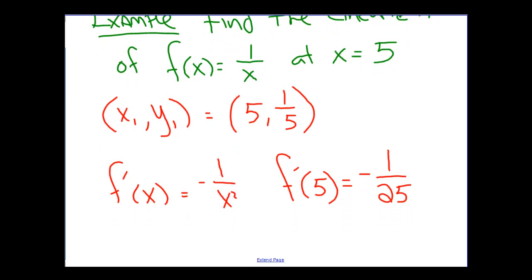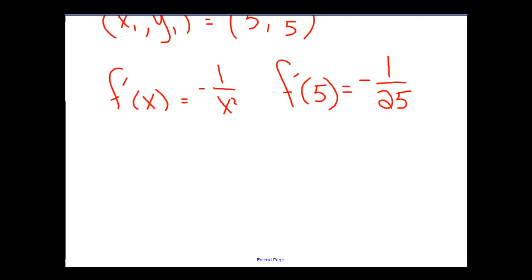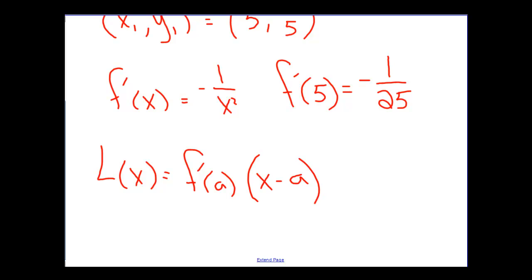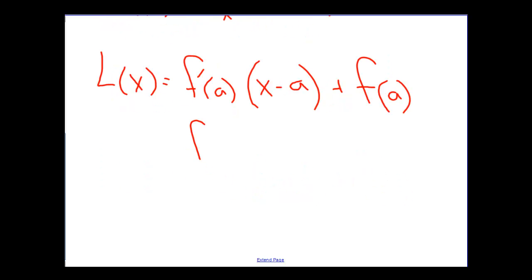And if we plug these into our linearization, then recall, the linearization of this function is f prime of a times x minus a plus f of a. In our particular case, that will be f prime of 5 times x minus 5 plus f of 5.